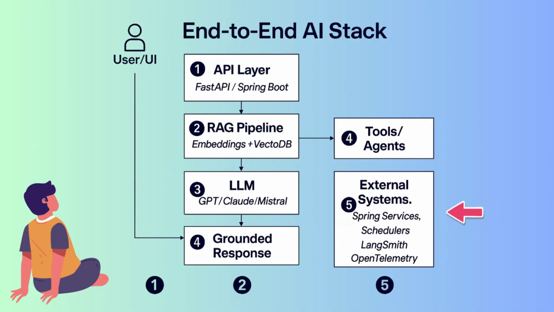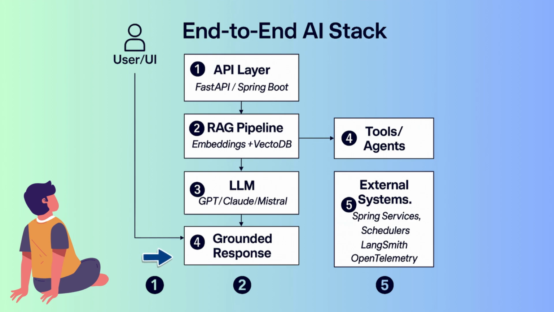All real work happens in external systems, which can be databases, services, schedulers and APIs, which is step 5. Observability tools like OpenTelemetry or LangSmith track what happened, how long it took and how much it cost. This is where AI meets real production operations.